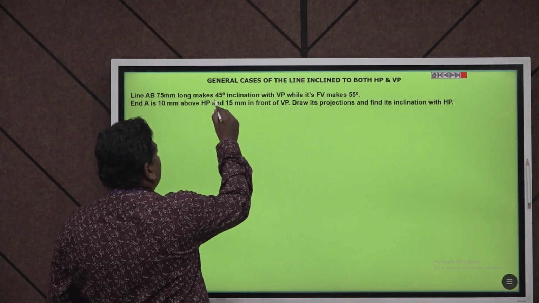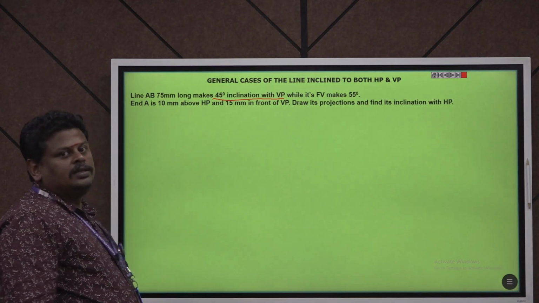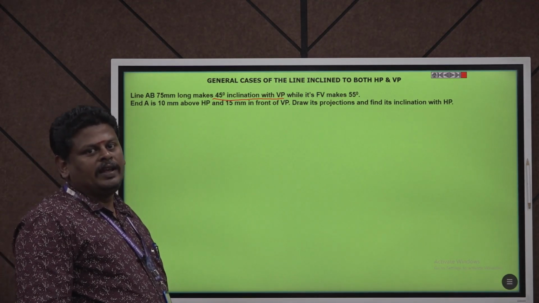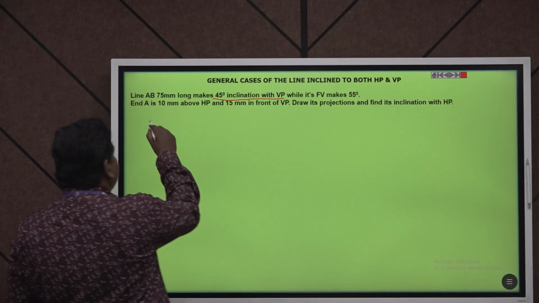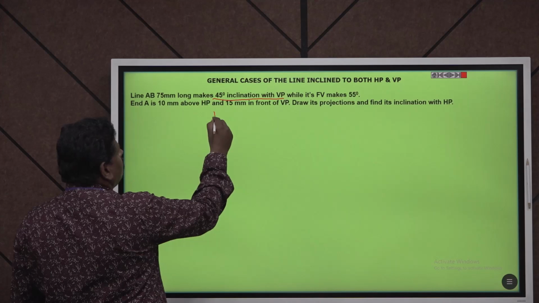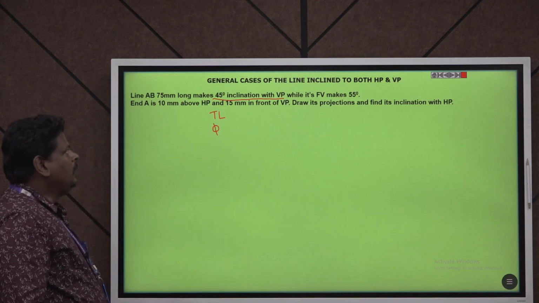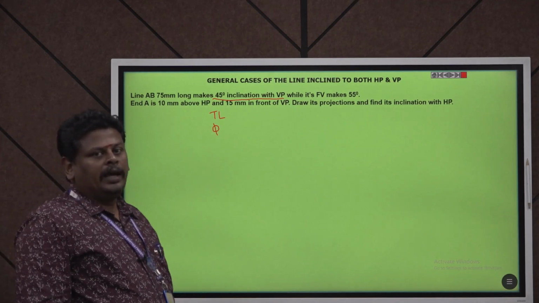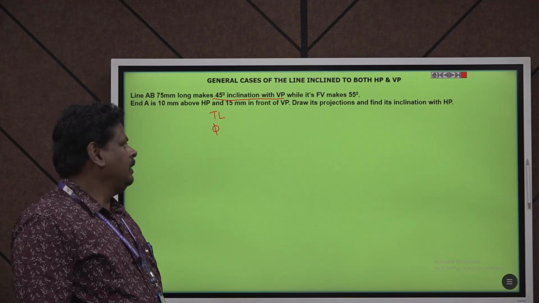So this is the angle the line makes with the VP, the true inclination angle phi. So what is given? The true length is 75 mm, and the angle phi is 45 degrees, inclined with the vertical plane.